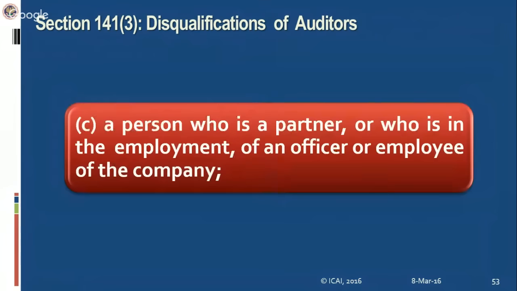C. 141(3)(c): a person who is a partner or who is in the employment of an officer or employee of the company.